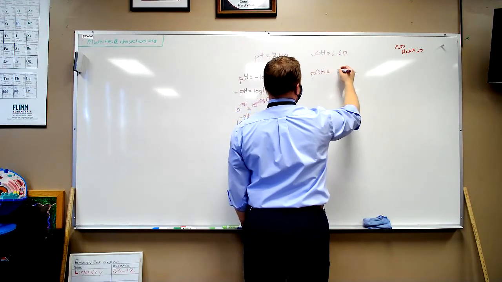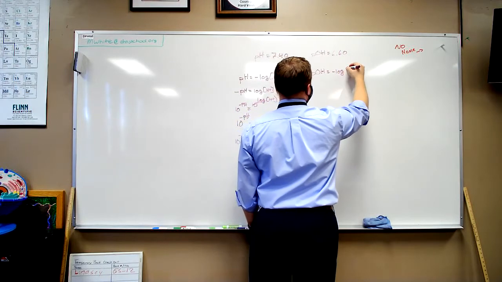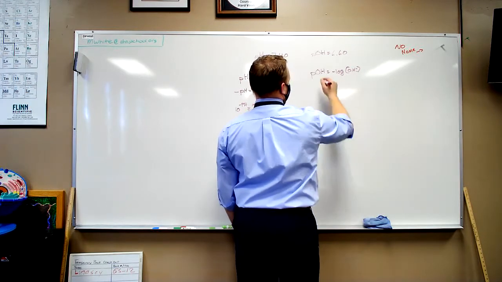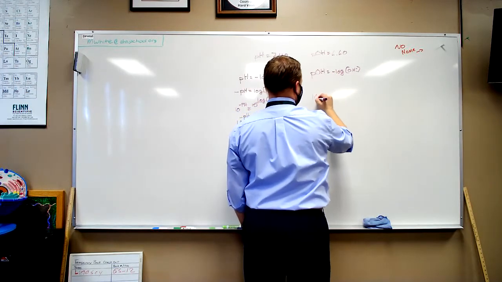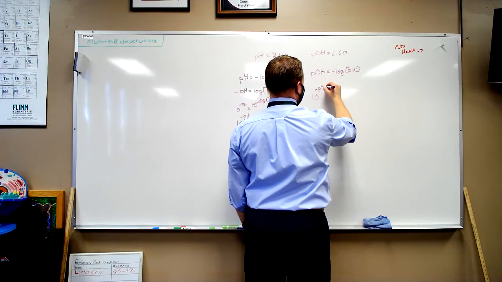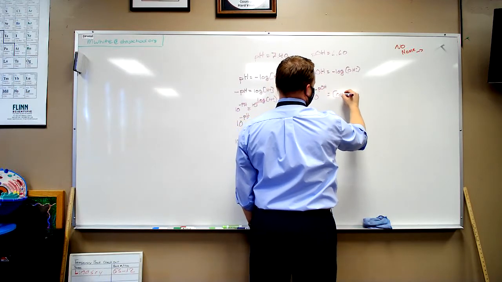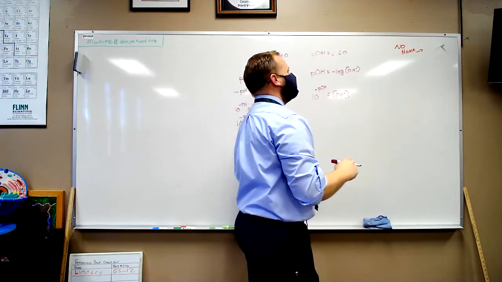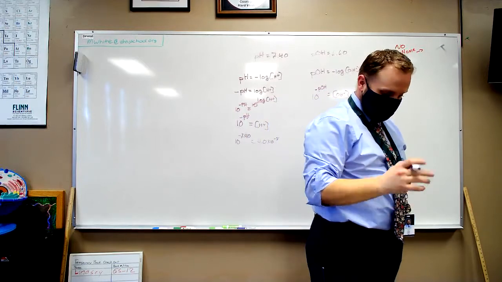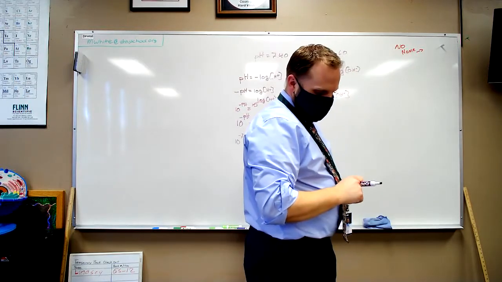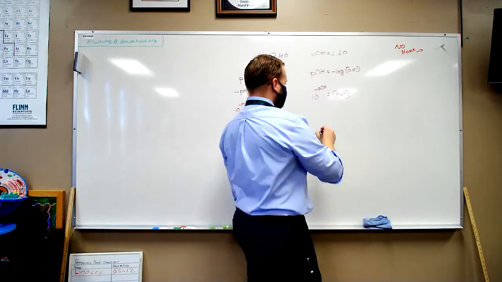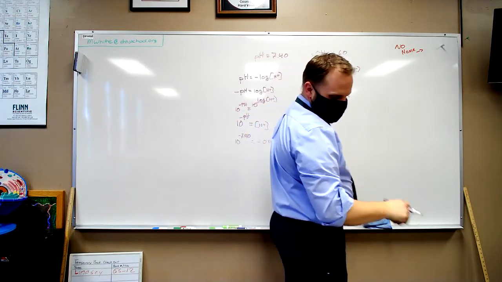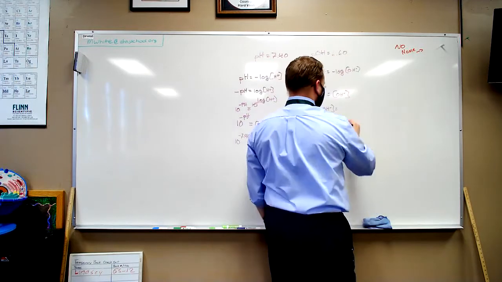pOH equals the negative log of our hydroxide concentration. We do the same math. We end up with 10 raised to the negative pOH equals the hydroxide concentration. And we do 10 raised to the negative 6.6, and that gives us our concentration of 2.5 times 10 to the minus 7.